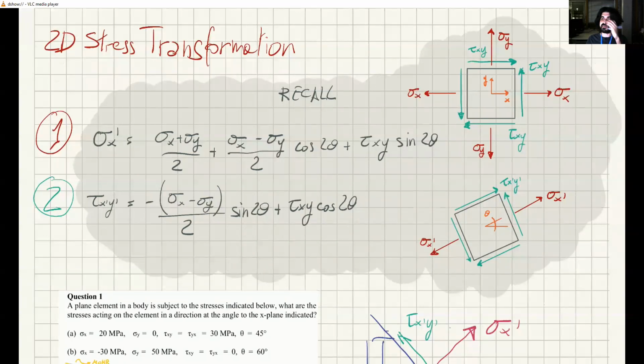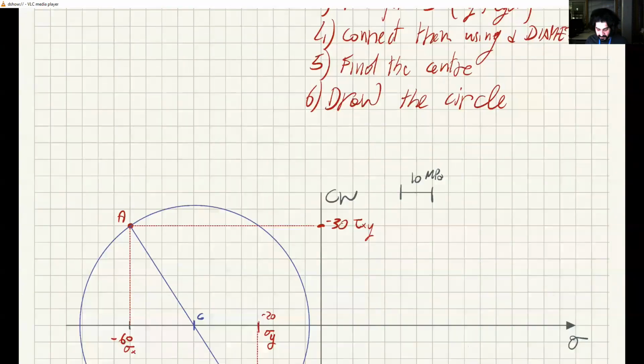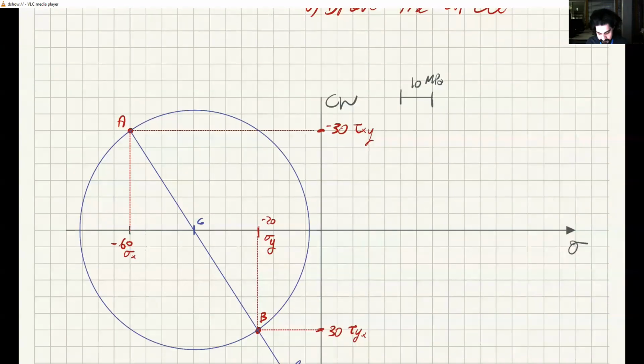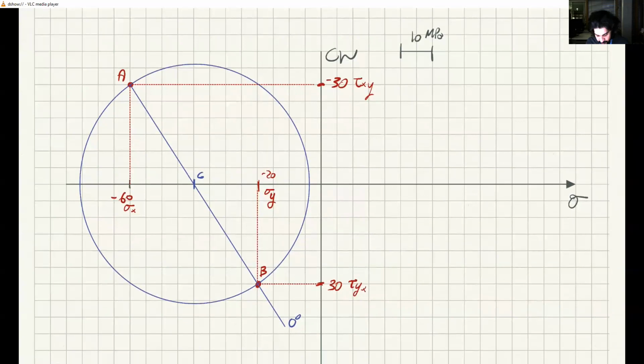This reflects the 180 degrees symmetry of the stress element. If I rotate this by 180 degrees, I'm not changing anything. And so this is reflected in the plane by rotating 360 degrees. Of course, this also means that the sine and cosine give you exactly the same values. So this effect is encoded in this way.